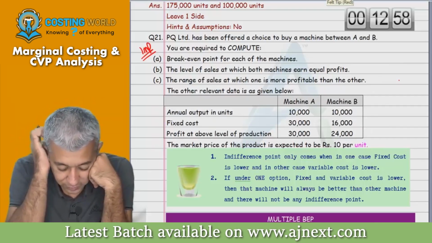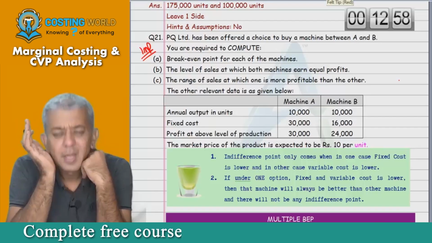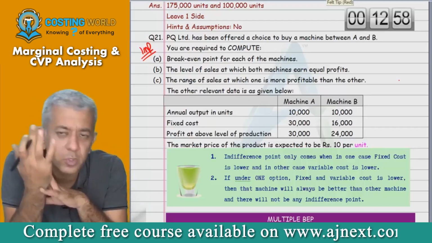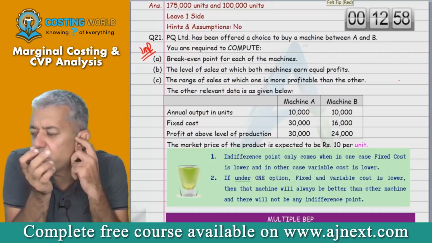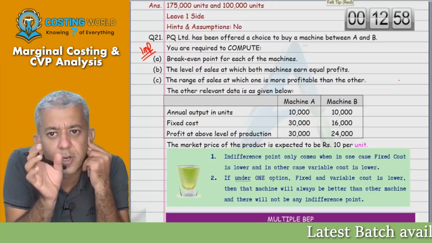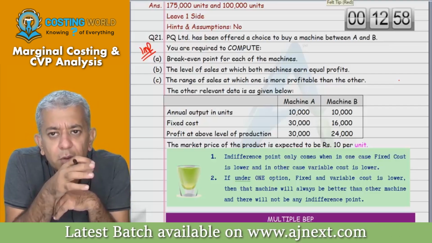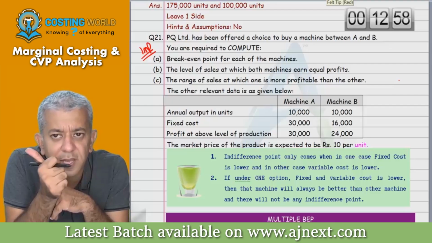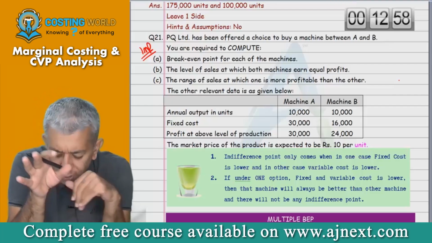Let's start it off. You want break-even point for each of the machines. Now, break-even point those guys have not told, so my call. Let's find out break-even point in units. The formula is fixed cost upon contribution per unit. For machine A and machine B, fixed cost is there, correct? Now we have to find out contribution per unit.